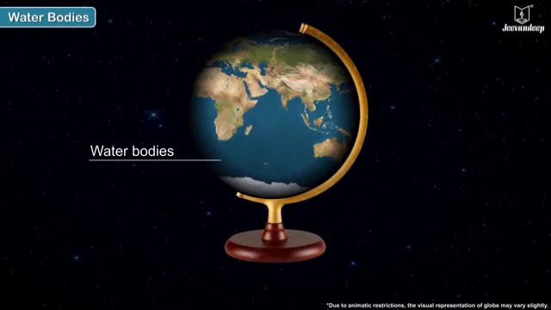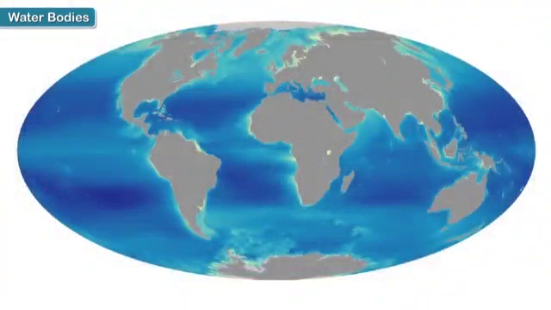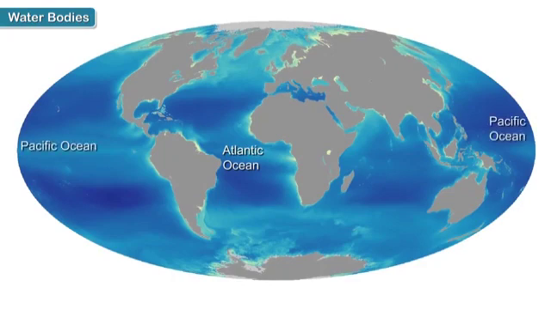Water bodies. The large water bodies called oceans are shown in blue color. There are 5 oceans on the Earth: the Atlantic Ocean, the Pacific Ocean, the Indian Ocean, the Southern Ocean, and the Arctic Ocean.